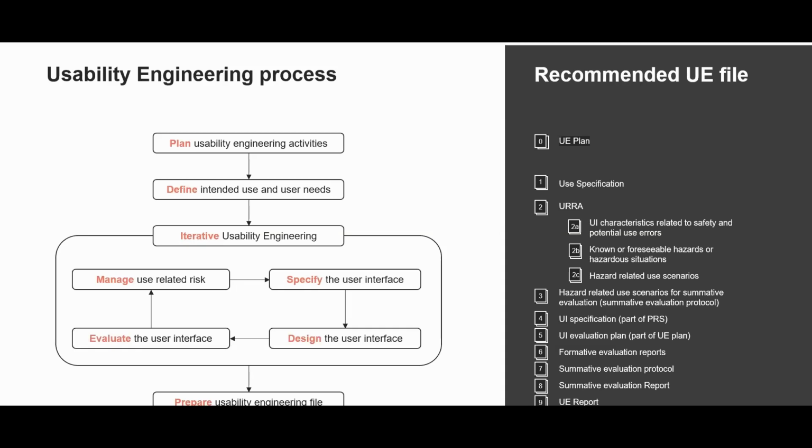And the usability engineering process is really a risk-based process. It's all about understanding the use-related risks of your device. So this is the first step in this iterative loop, and then mitigating those risks by design, not at the last minute once you've already designed it, but during the course of the development of the device. So that's what this iterative loop is all about.